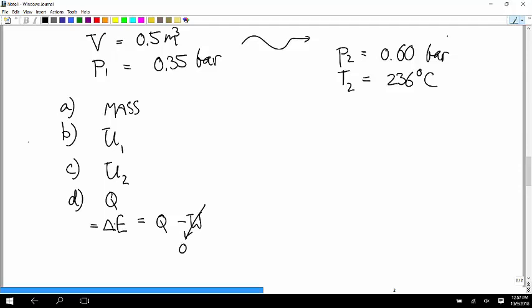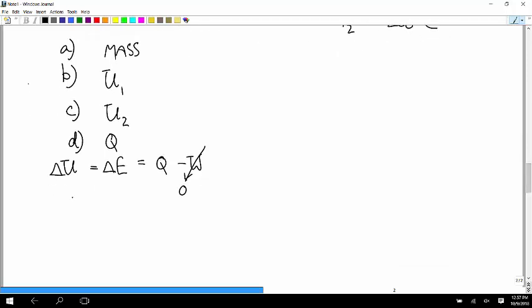And delta E, since there's no change in kinetic or potential energy, is just delta U. So you can rewrite this as U2 minus U1 is equal to Q. So once we calculate U2 and U1, then we can use those to calculate Q.